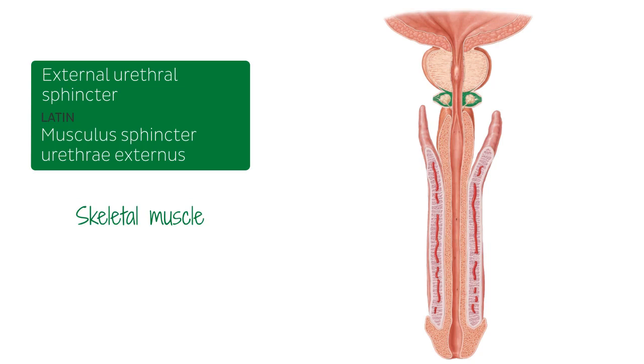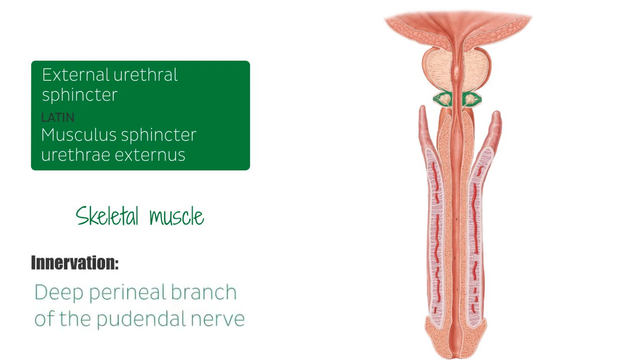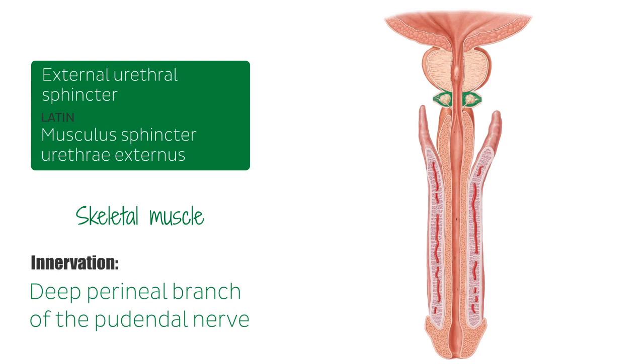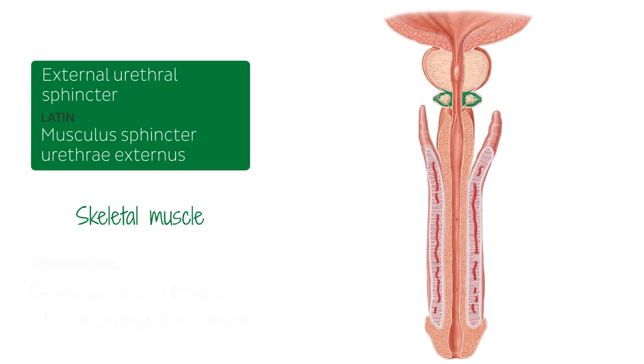These muscles are responsible for controlling the urination process, and are innervated by the deep perineal branch of the pudendal nerve. And as I said before, they surround the membranous part of the urethra and have their origin at the ischiopubic ramus, wrapping around the urethra, as you can see here, upon which they act.